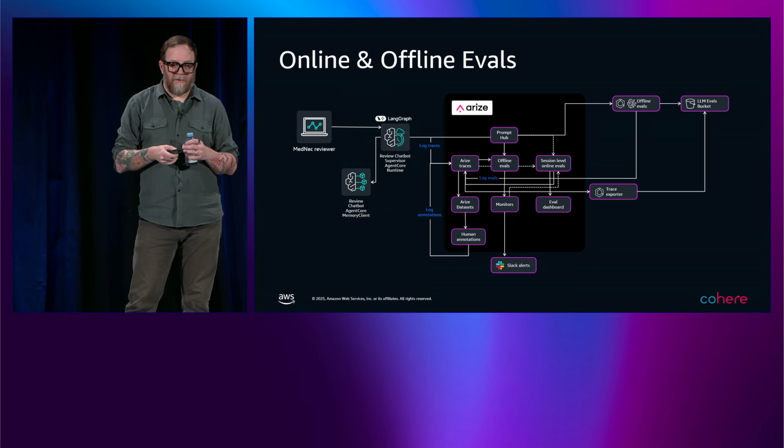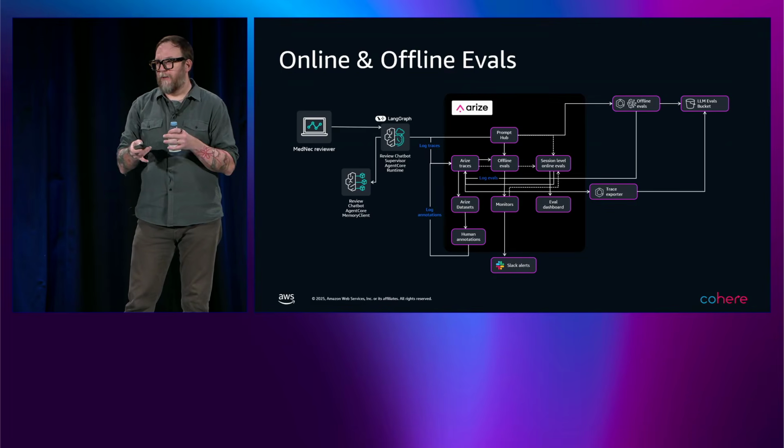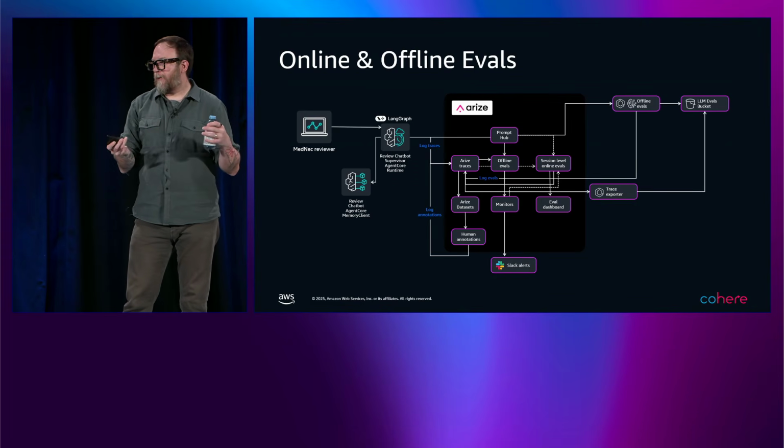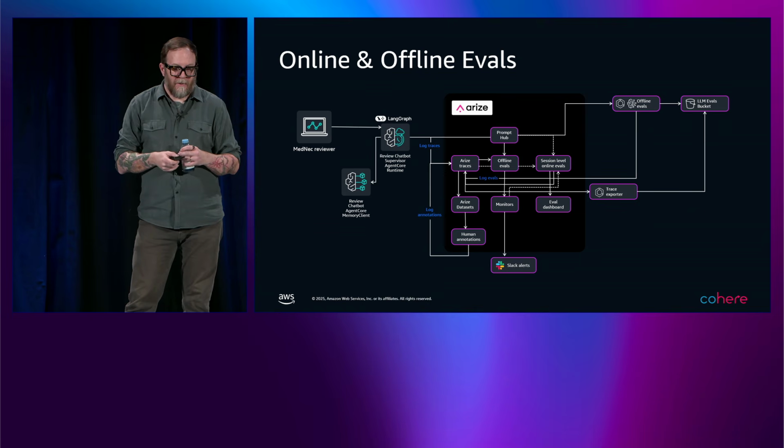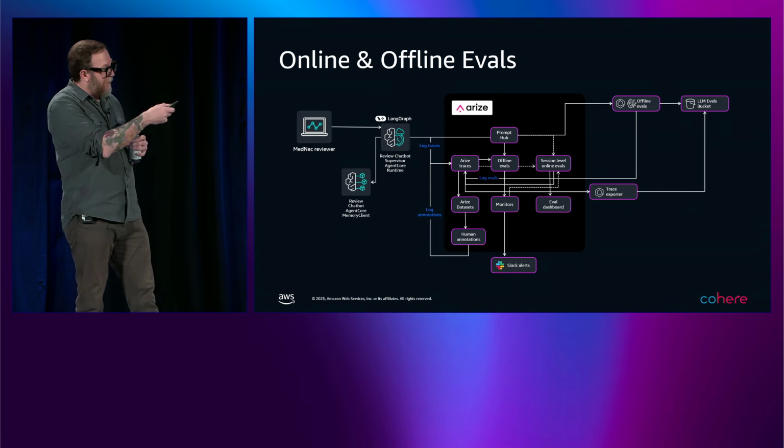And just like with LangFuse, we already had something like this, so we're able to keep this mostly working as is and plug it into AgentCore and get all this data hydrated the way that we needed it to. That's it for me. I'm going to hand it back to Shreyas.